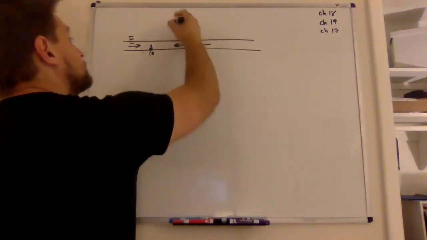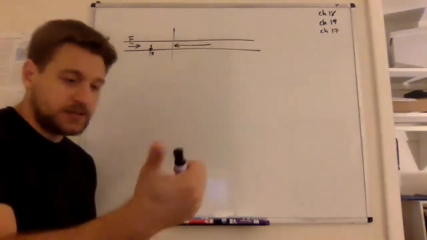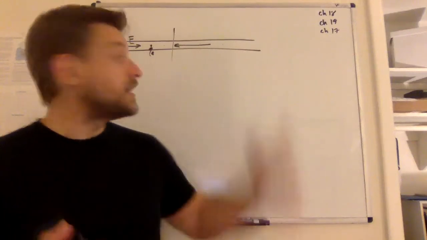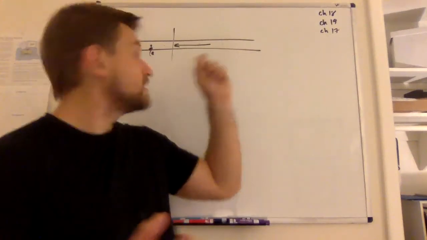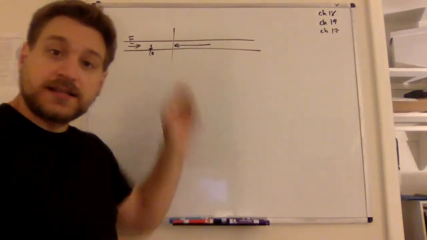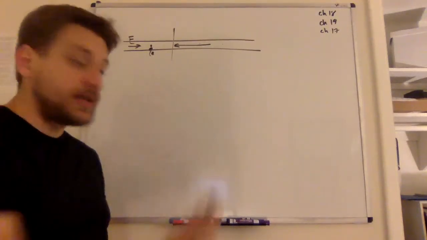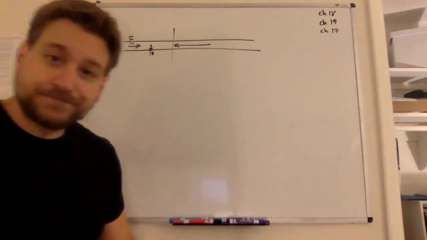If we're here with a little entry counter, every time a charge passes this point, click, I see another one goes by, click, click. Every time a charge goes by, we count it.